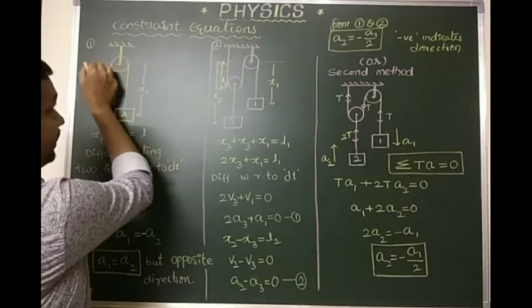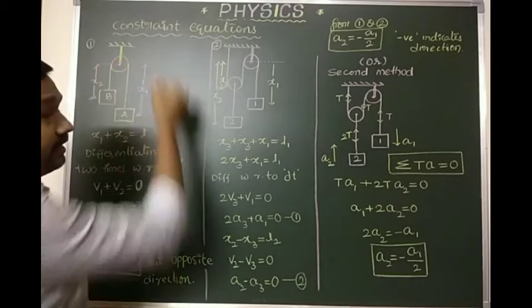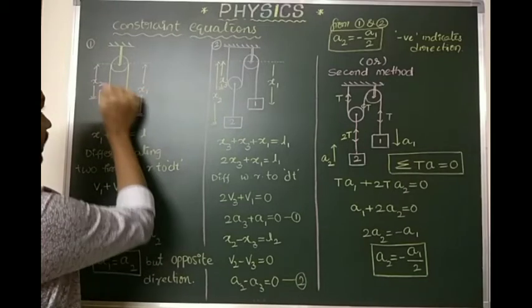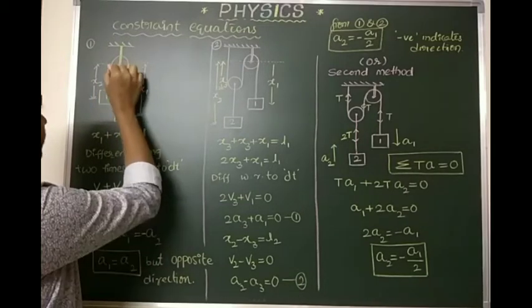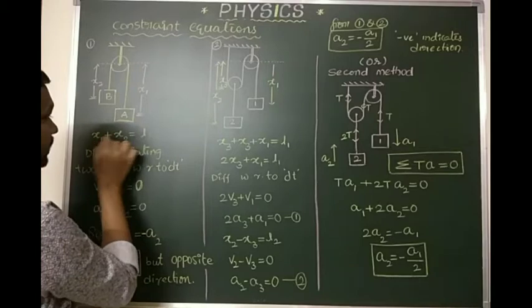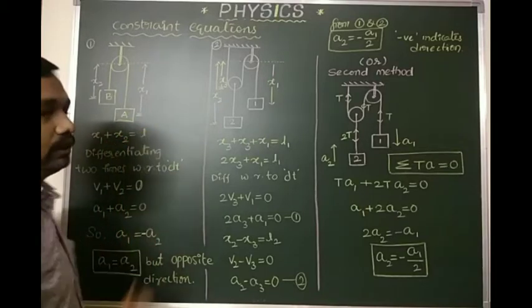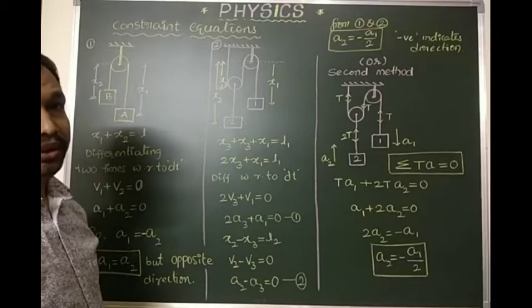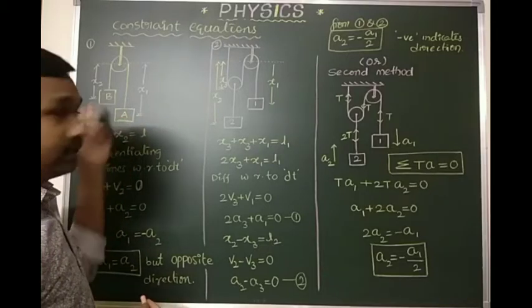That is why we are taking the reference line at the center. So we are getting x1 and x2. Here this is x1 and this is x2. So x1 plus x2 is equal to L. This is the equation we are getting, which gives the relation between the blocks.